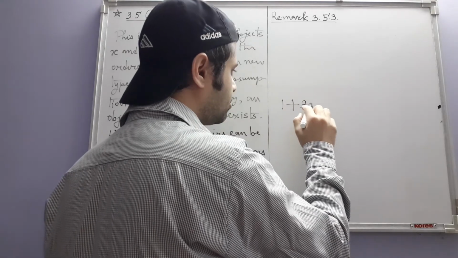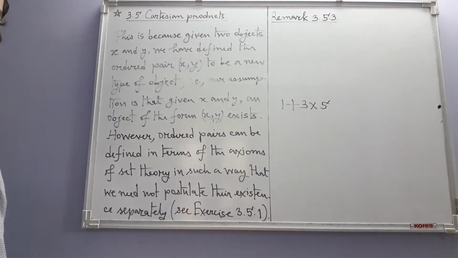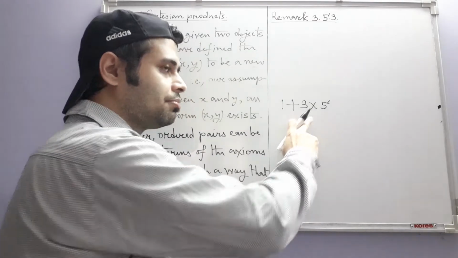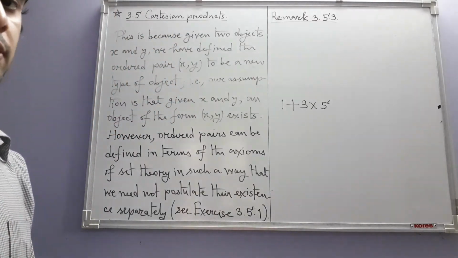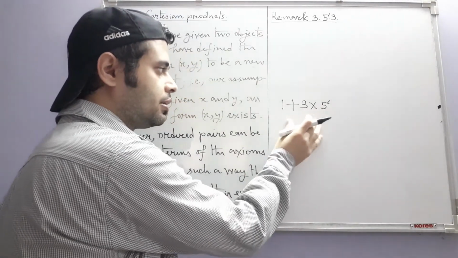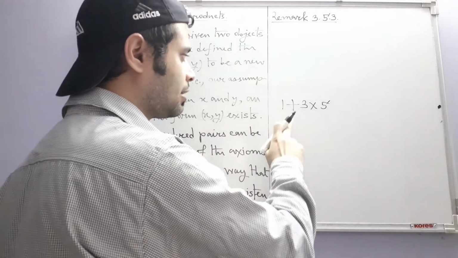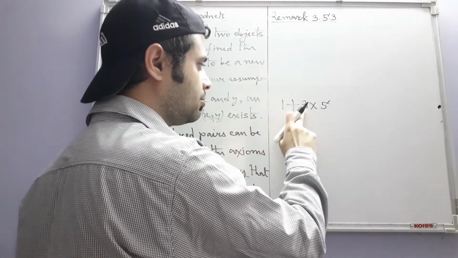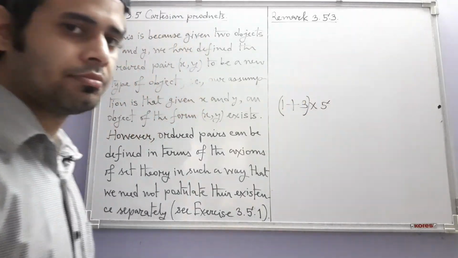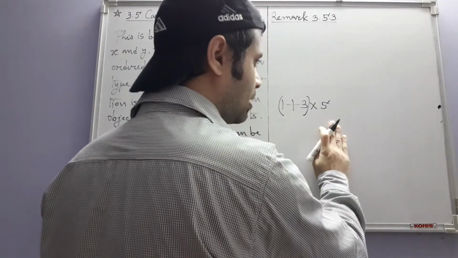Say, if you write 1 plus 3 times 5, you don't usually use parentheses because it has been assumed that multiplication takes precedence over addition. This one is calculated first and then with the result you add 1. This is convention. However, if you want to really mean that we have to add first and then multiply, then we use parentheses, because otherwise it becomes ambiguous. So that is one use.